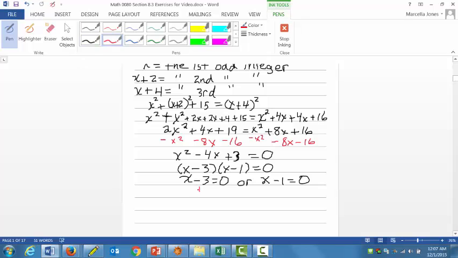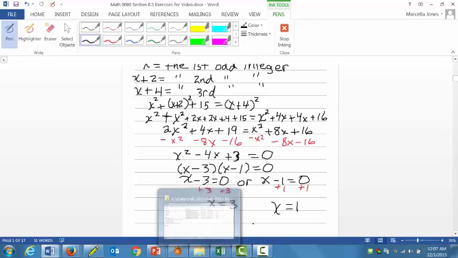Adding 3 to both sides gives me x equal to 3. Adding 1 to both sides on this equation on the right gives me x equal to 1. Okay, so either x is 3 or x is 1.